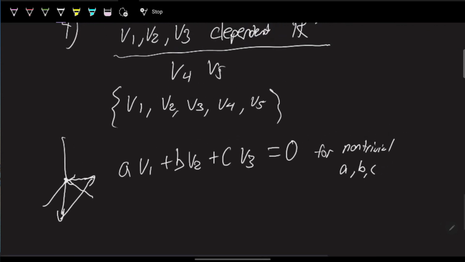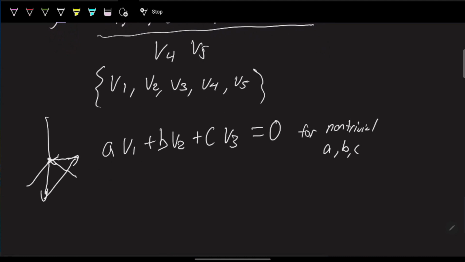So now they're asking you, okay, you added 2 more vectors into the mix. Does there exist some... I'm going to be very careful here. Sorry, I'm trying not to give away the answer, right?